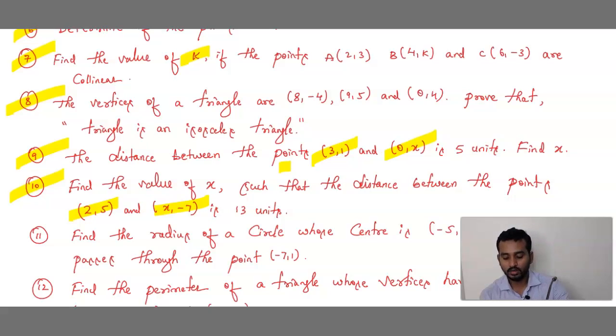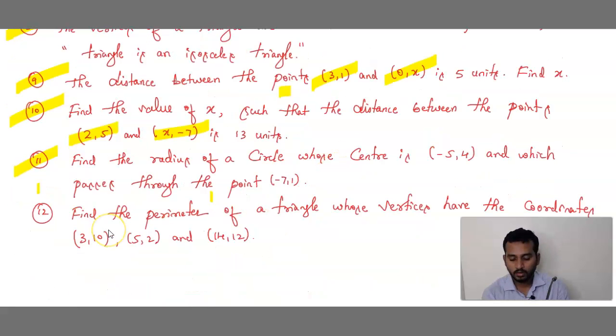Next question, question number 11. Find the radius of a circle whose center is (-5, 4) and which passes through the point (-7, 1). He is asking us to find the radius of a circle whose center is (-5, 4).